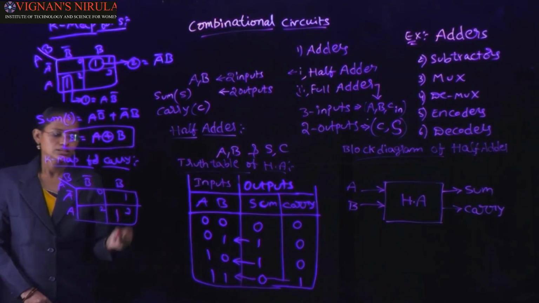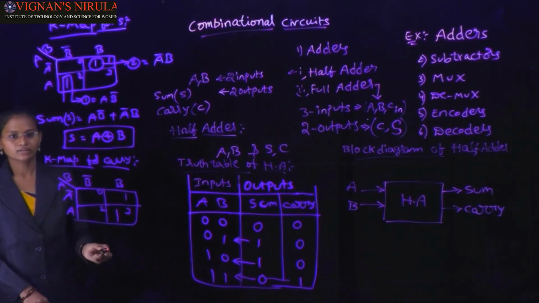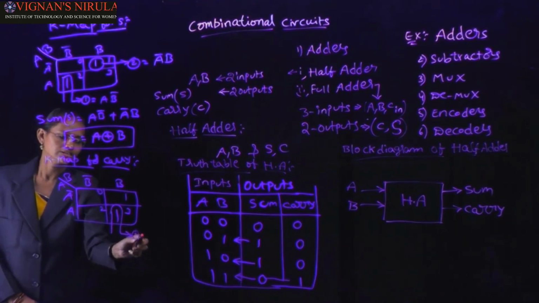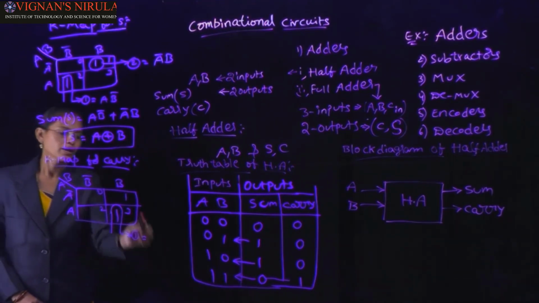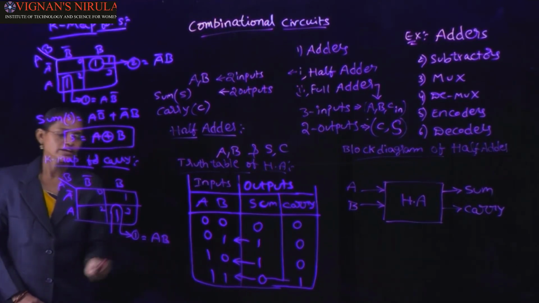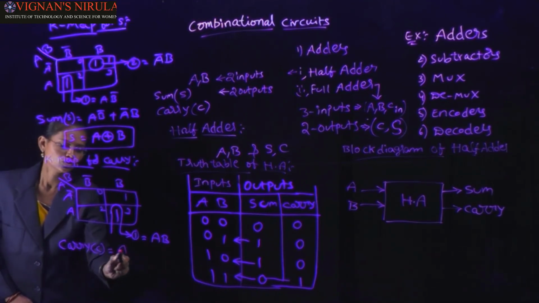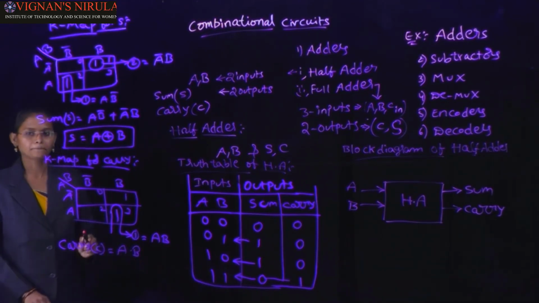This third cell contains 1. This is the grouping. What is the equation? A B. Finally we write the carry: C equals just A B.